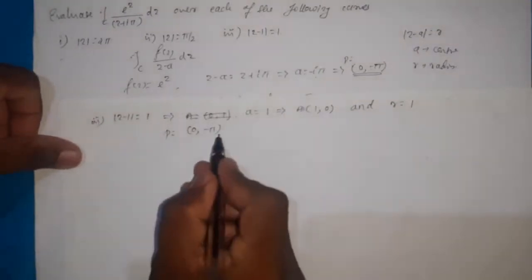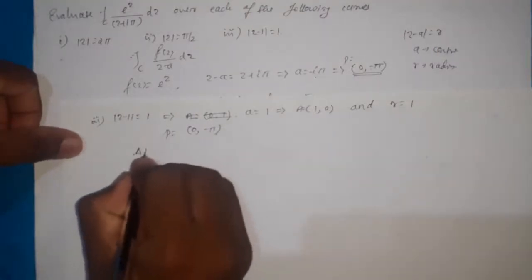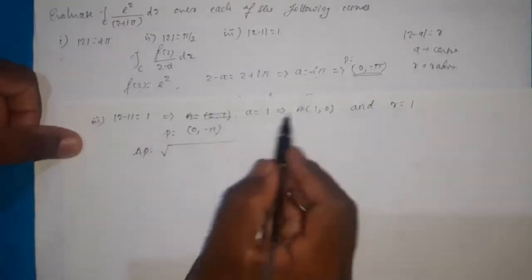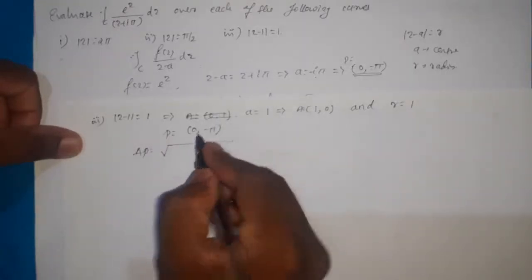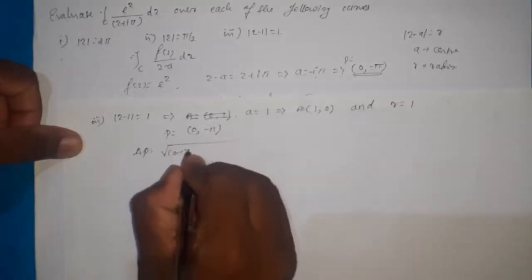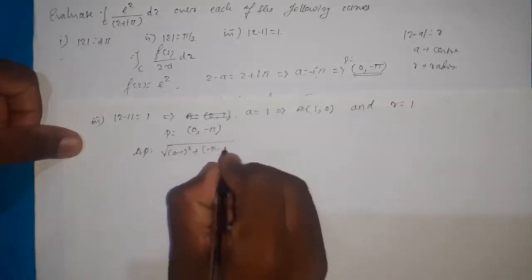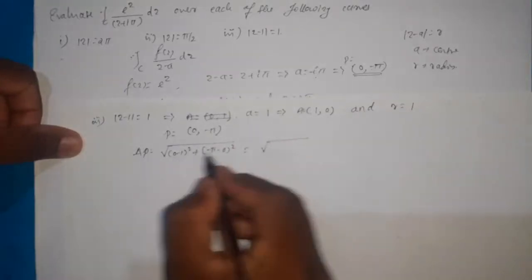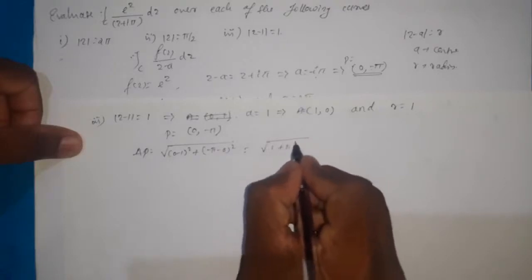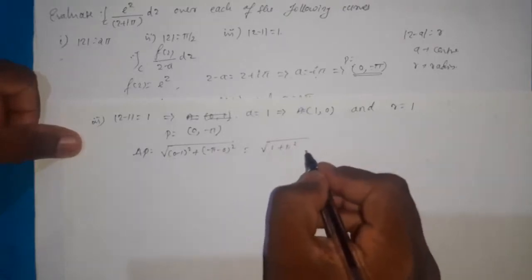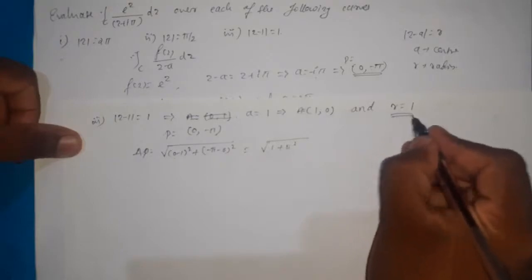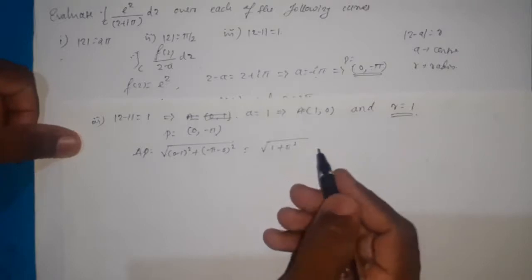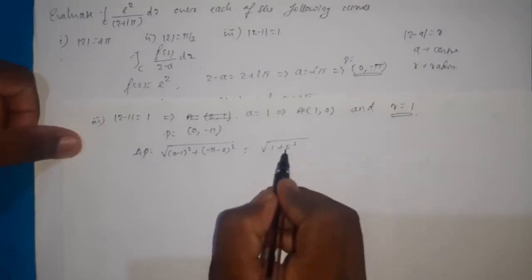Then here P is equal to 0 comma minus pi, then AP is equal to the distance between these two. Now 1 minus 0 or 0 minus 1 whole square plus minus pi minus 0 whole square, then it is equal to square root of 1 plus pi square. So here the radius is 1, then this quantity will be greater than 1 because the value of pi is 3.142.